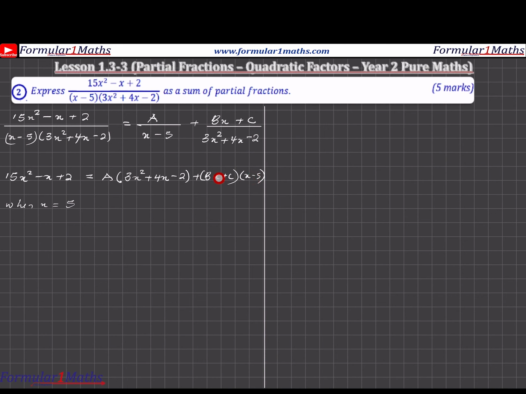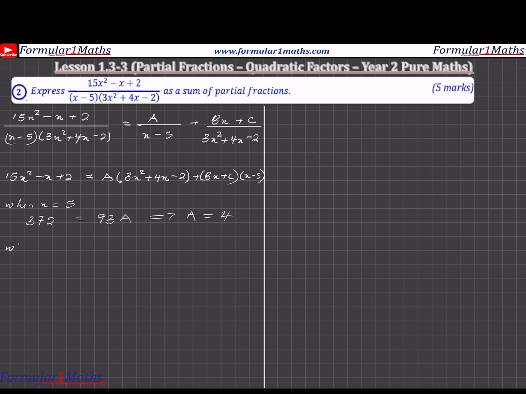So I'll be left with 372 on the left-hand side equals 93a on the right-hand side. And this implies that a is equal to 4. Now let x equal 0.